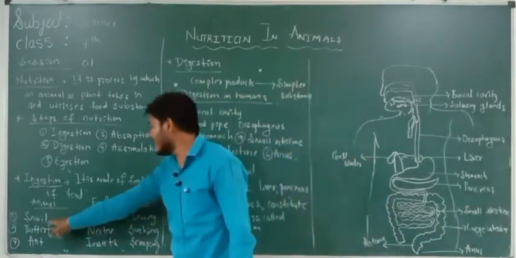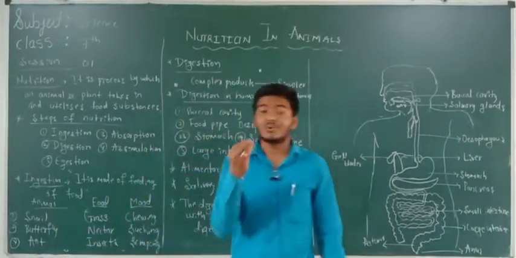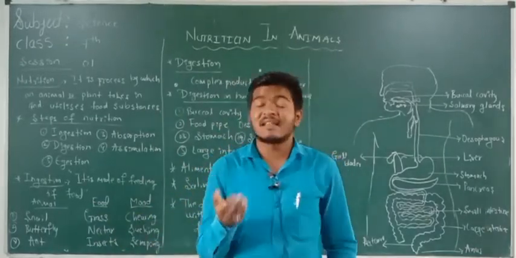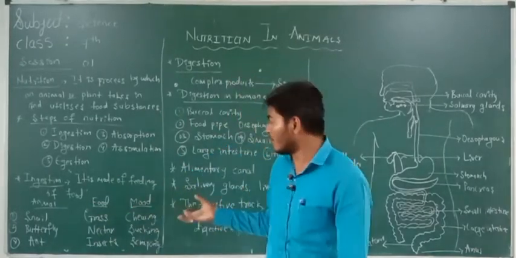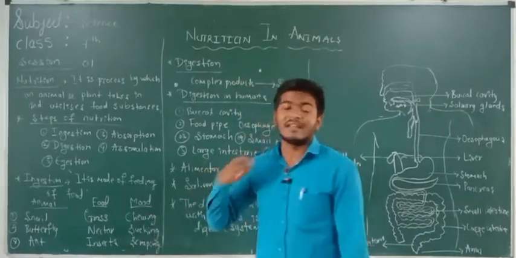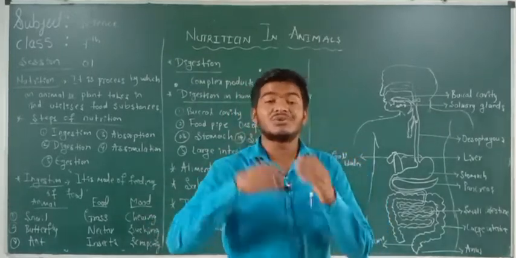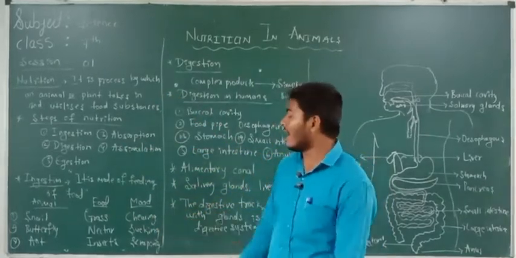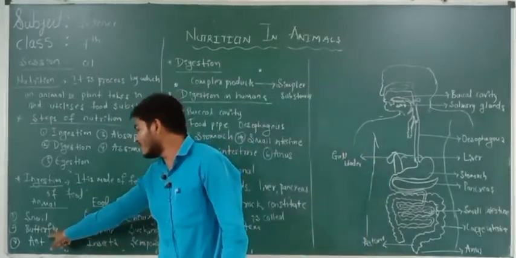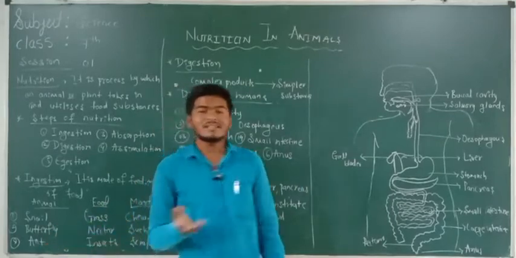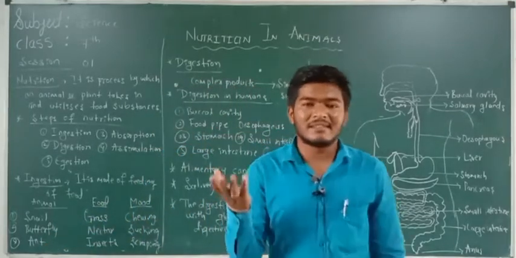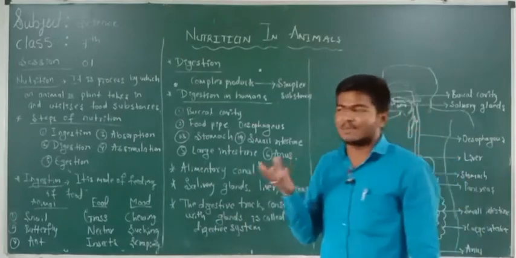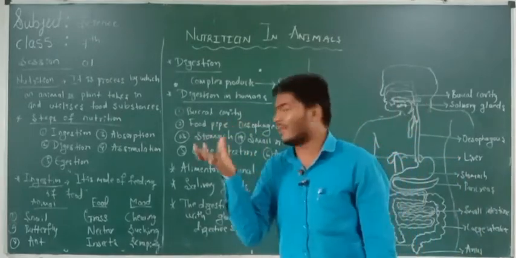First example: the snail eats grass. How does it feed? By chewing. It uses its teeth to chew the food particles. Another example is the butterfly. What is the food of the butterfly? It is nectar. Where is the nectar present? In the beautiful flowers.